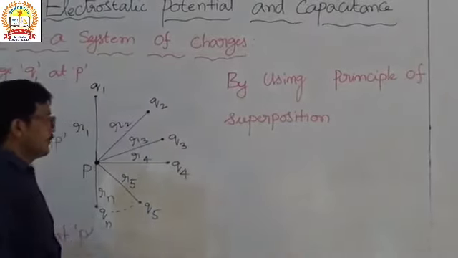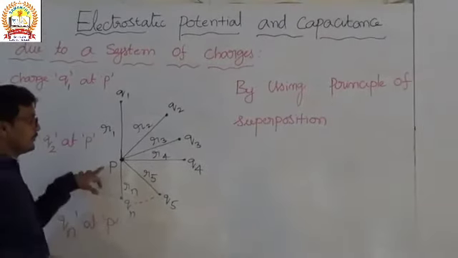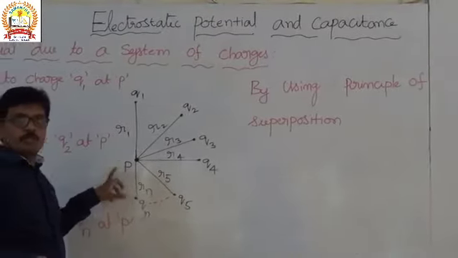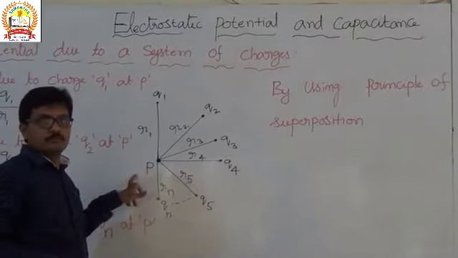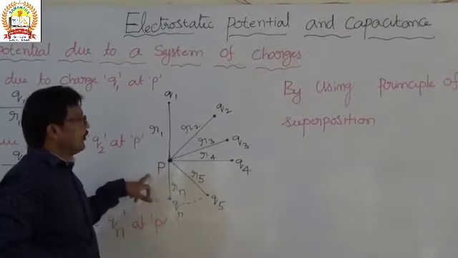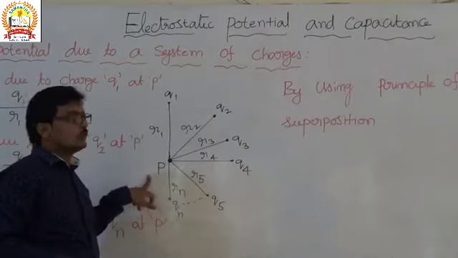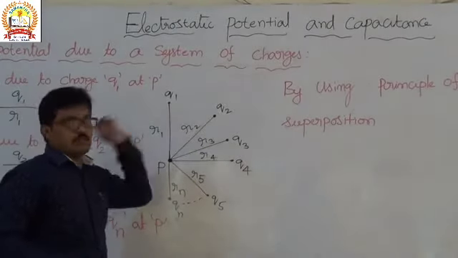That is, the potential at the point P is equal to the sum of the potentials due to the individual charges.